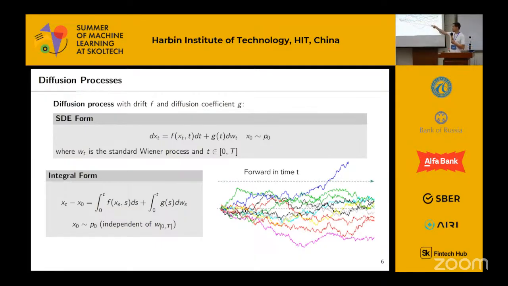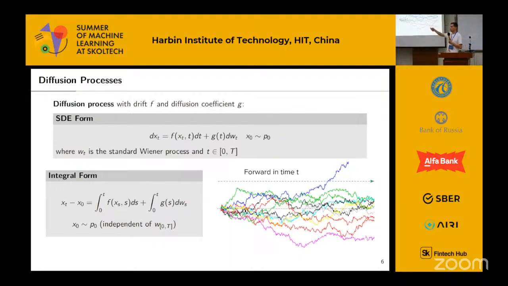Throughout the lecture, we will consider stochastic differential equations which have the following form. Basically, we allow an arbitrary drift function, as we previously considered in ordinary differential equations, but the amount of noise which we input to the trajectory of the stochastic differential equation will depend only on time.